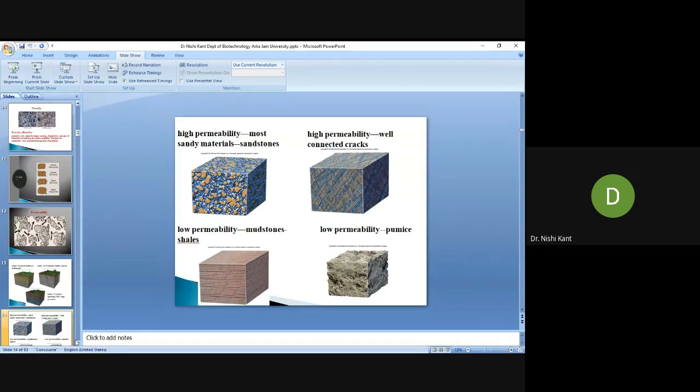Qualities of rock material with respect to contained groundwater: porosity is the measure of the water capacity of a rock. High porosity means the rock contains lots of water.